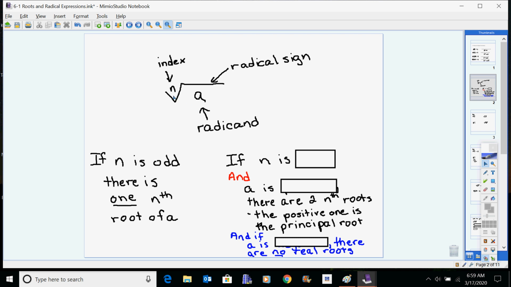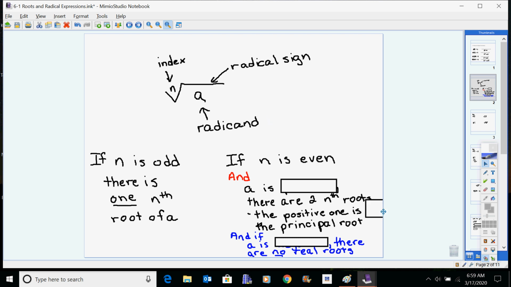For example, if we're looking for the cube root of negative 27, negative 3 times negative 3 times negative 3 would give you negative 27. There's just one value for that. But remember, when we look for something like the square root of 9, that could be either 3 or negative 3.